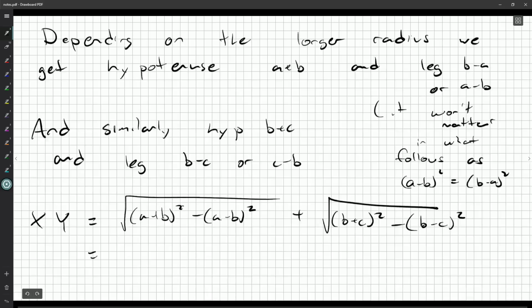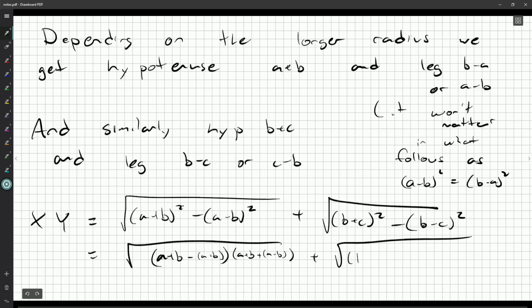I should have seen that earlier, actually, but I didn't. And so you'll get (A plus B minus A minus B) times (A plus B plus A minus B), and then (B plus C minus B minus C) times (B plus C plus B minus C).